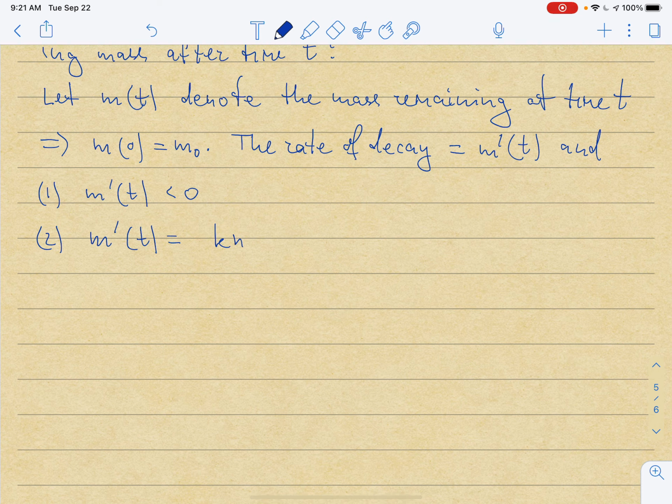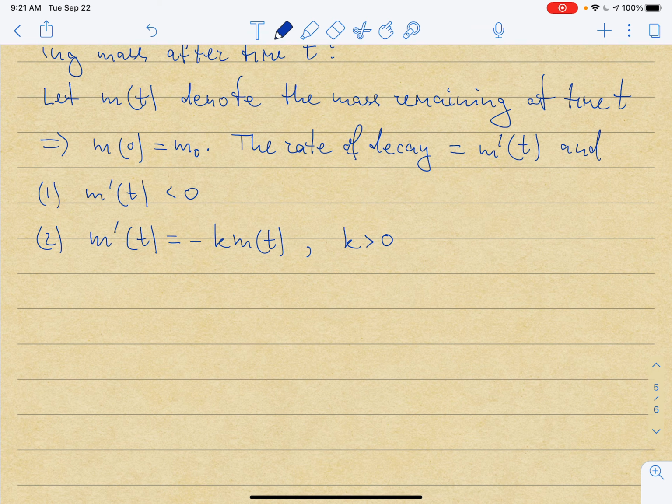And because we're talking about decay, the rate of decay is always negative. So either I can set k to be a negative number or k is positive. I prefer that k always stays a positive number. So then the sign I'm going to write explicitly by writing minus k.